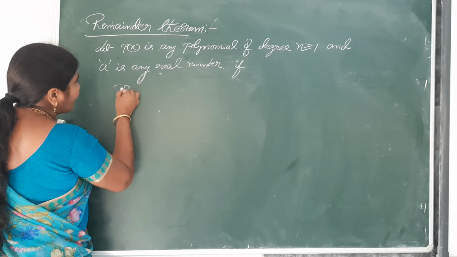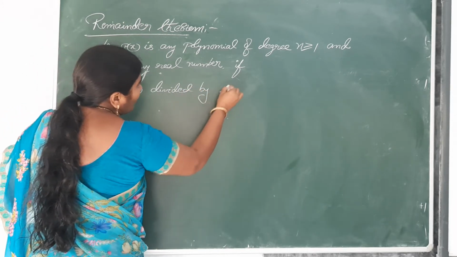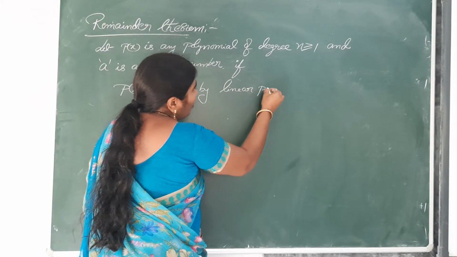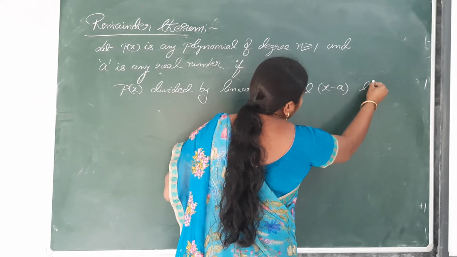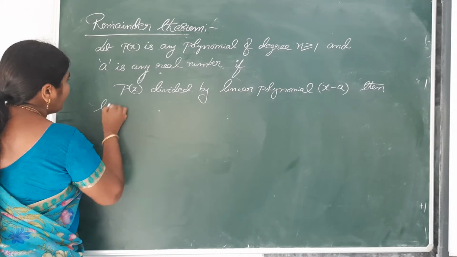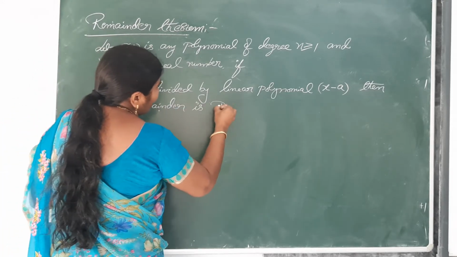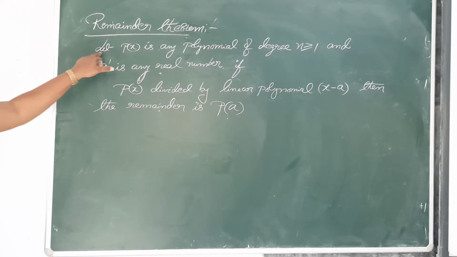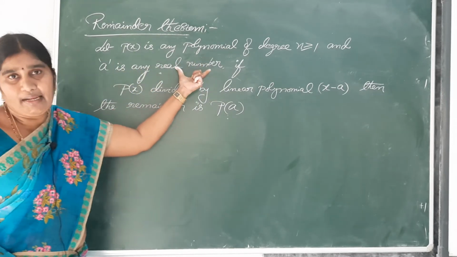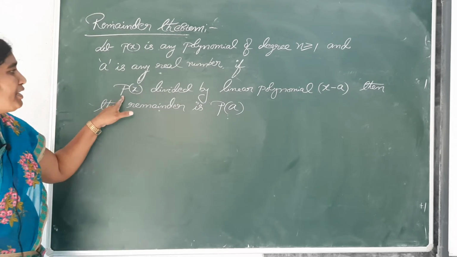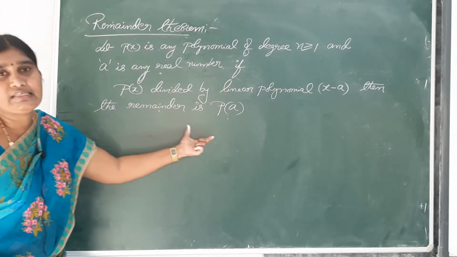If p of x is divided by the linear polynomial x minus a, then the remainder is p of a.